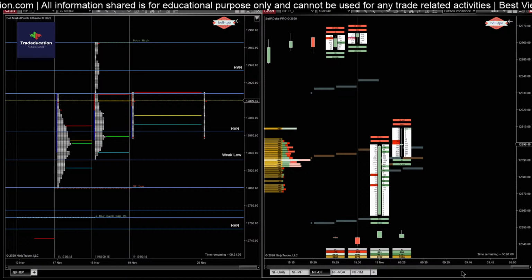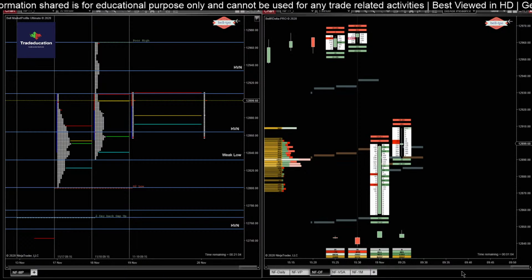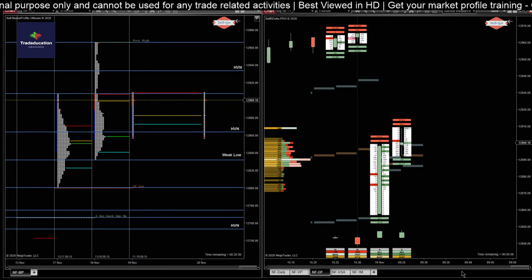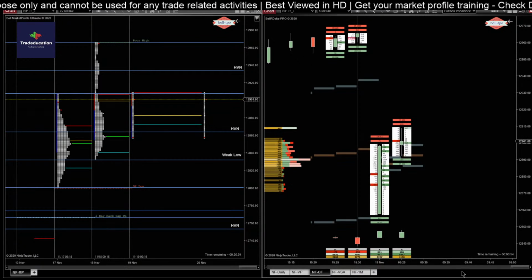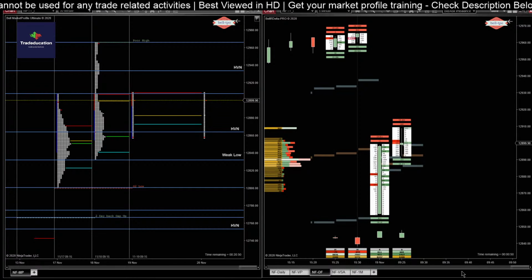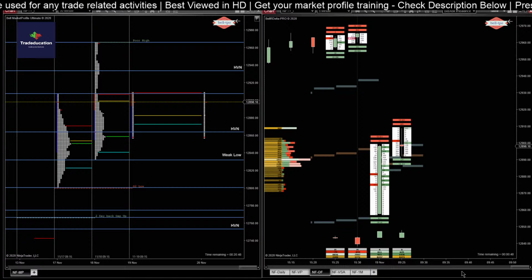Okay, so indecisive candle forming. 1 minute left before the current 5-minute candle closes. So from 8,000 to 4,000, 50% of the volume is already there. So some selling activity happening.